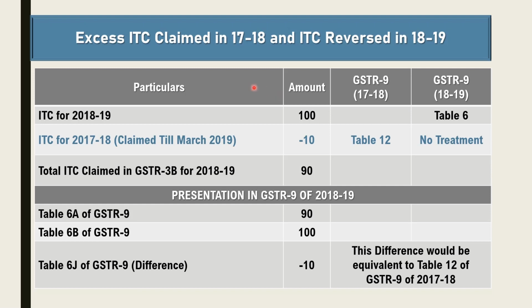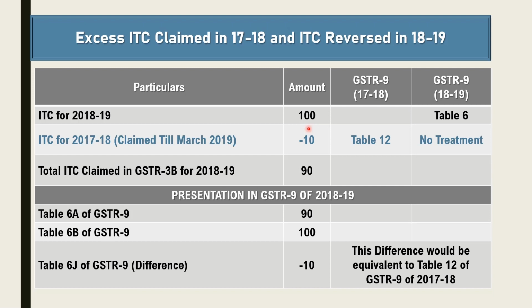Now coming to the second example wherein excess ITC was claimed in 1718 and it was reversed in 3B of 1819. So my total ITC supposedly in GSTR 3B is 90 rupees, out of which 100 rupees pertains to 1819 and there is a negative figure of 10 rupees adjusted of ITC of 1718 which was reversed in 1819.